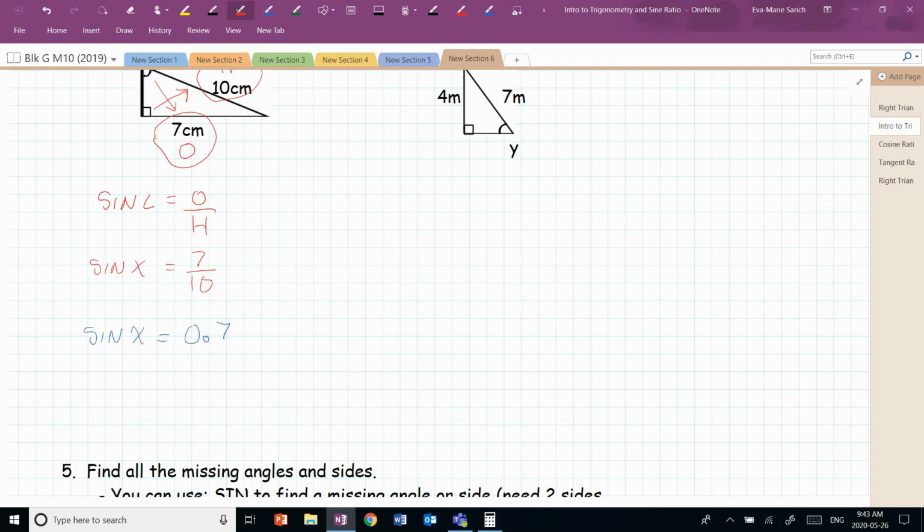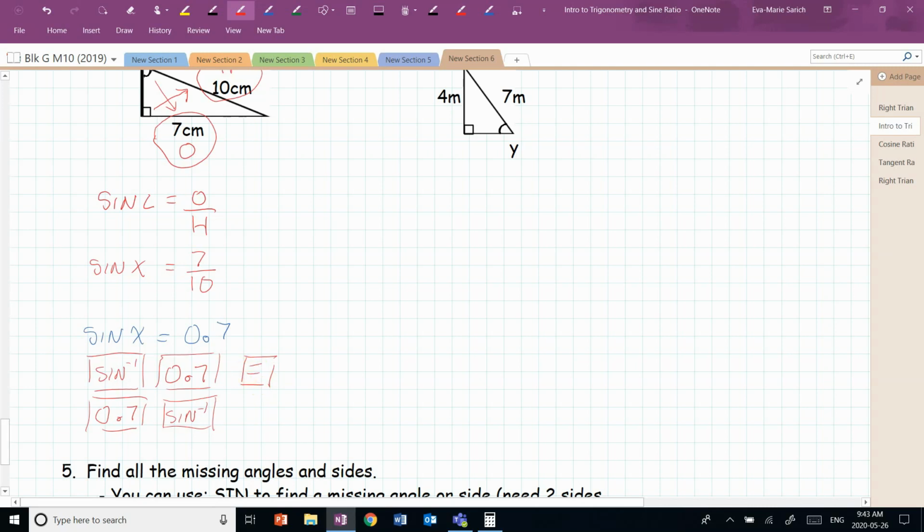This is where we're using our inverse. Okay, so we're going to use sine -1 of 0.7, or we're going to put 0.7 and then sine -1, depending on which kind of calculator you have, and this one you'll have to also hit the equal sign.